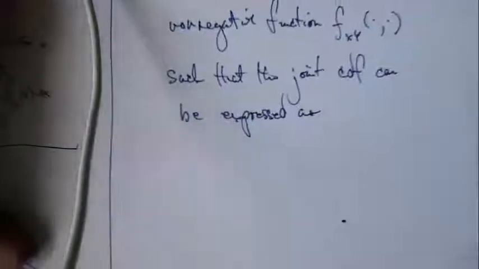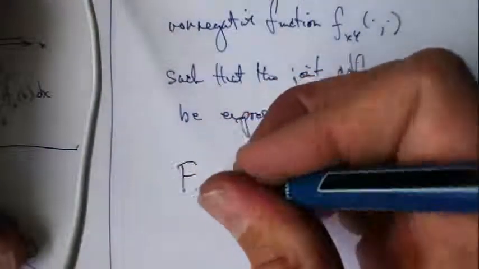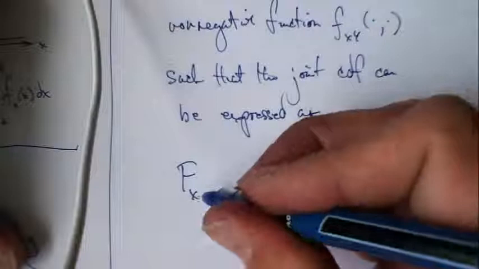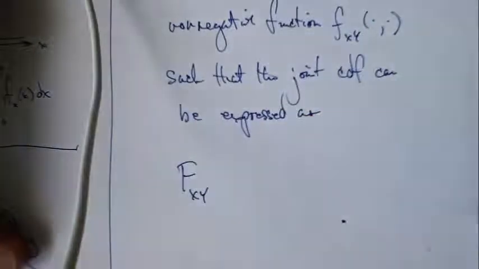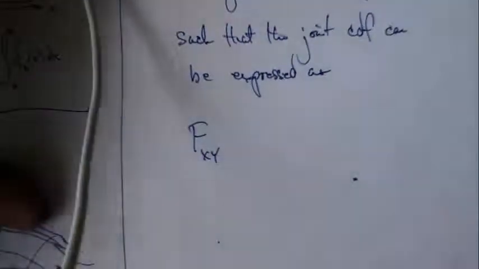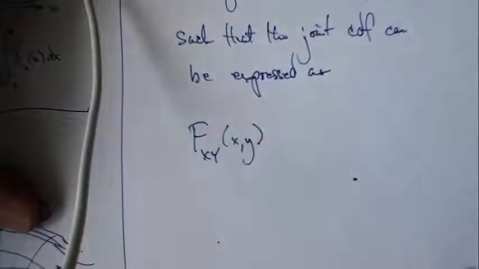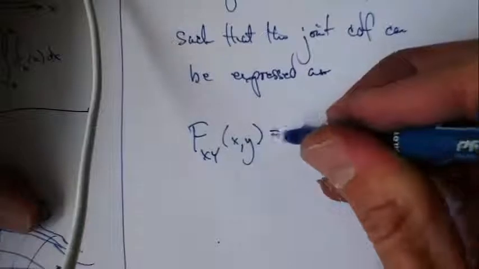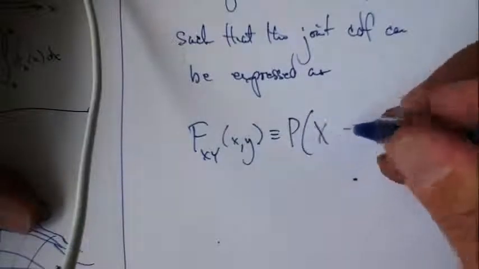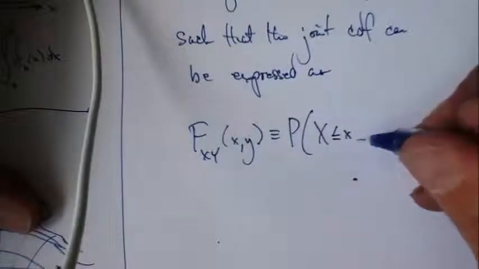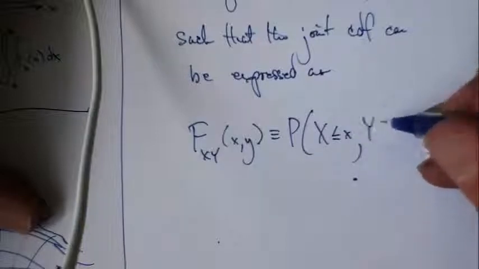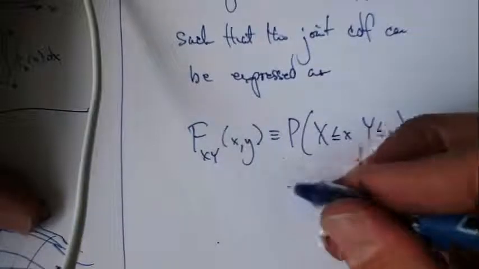It's this so-called double integral, and we'll talk about what that means in a minute for those of you who haven't seen double integrals. This is defined to be the probability that x is less than or equal to little x and y is less than or equal to little y. Of course, that's what the joint CDF always means.